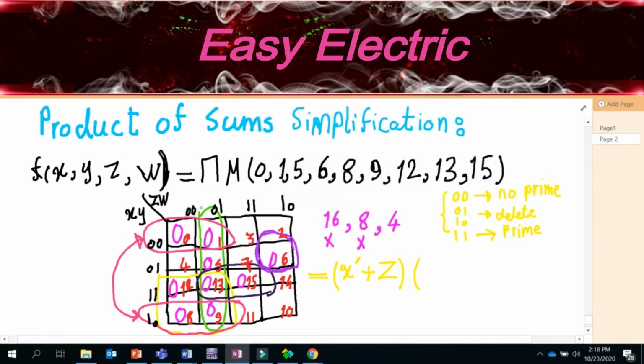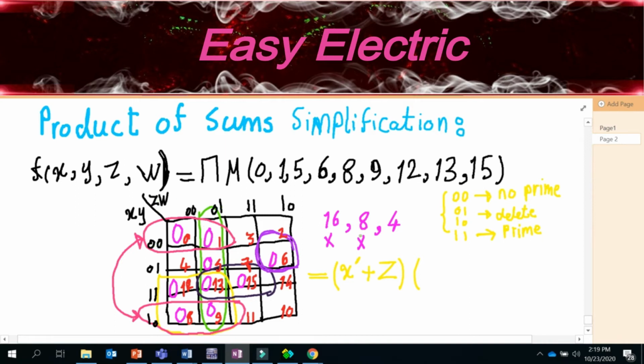So you see these green 1, 5, 13, 9. I'm writing the corresponding term for that. Again, here is a pi of the max term, so the format should be the max term. Take a look at the x and y in this group, inside this green box. If you move from here to here, x and y change from 0 to 1, so we will not have any x and y.